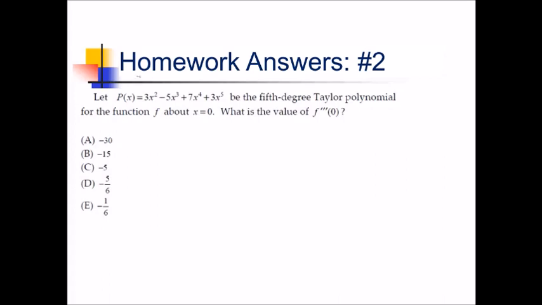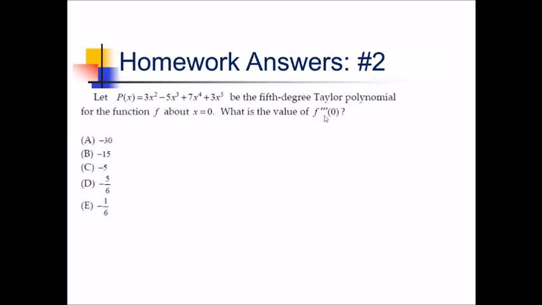On this problem, we're given this polynomial. They're telling us this is the 5th degree Taylor polynomial for some function about 0. Based off of this, we want the value of f triple prime of 0. So to do this, I'm going to use my coefficient formula, which is f triple prime of 0 over 3 factorial, represents the coefficient in the Taylor polynomial.